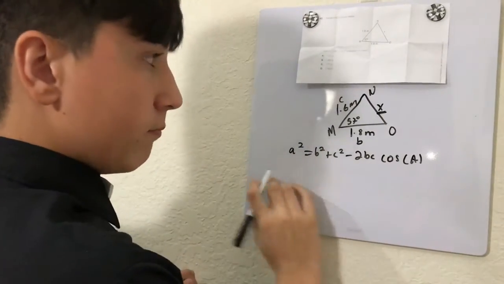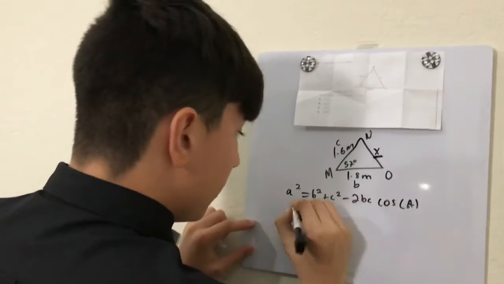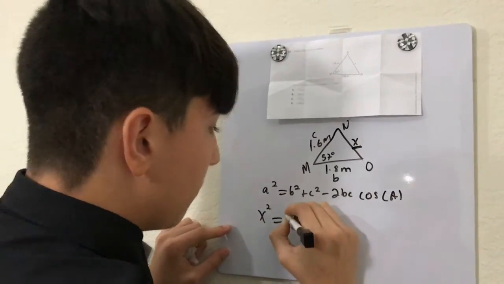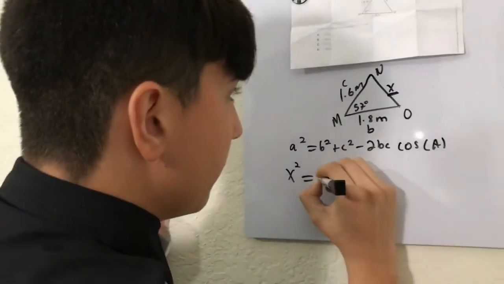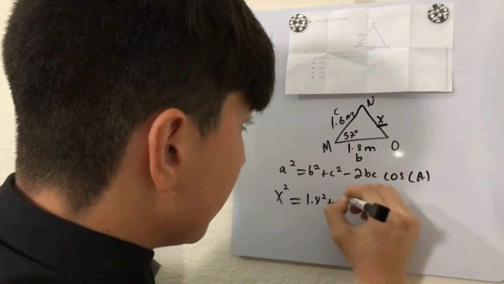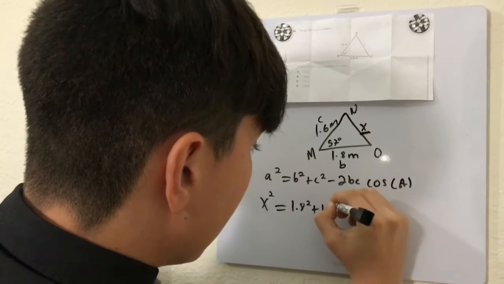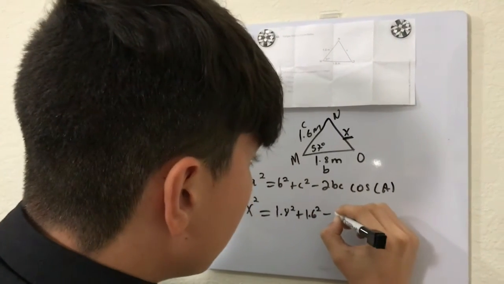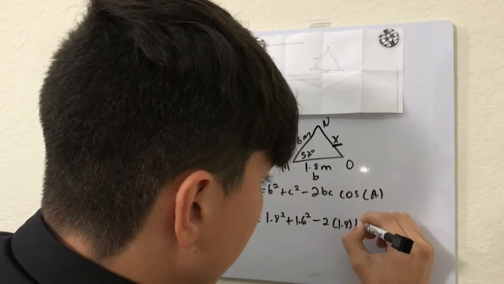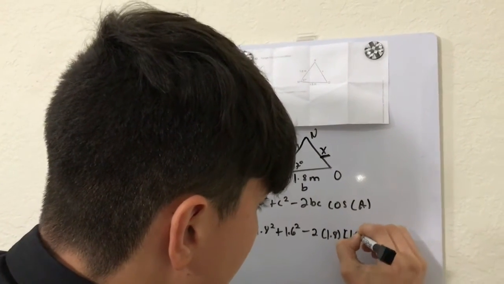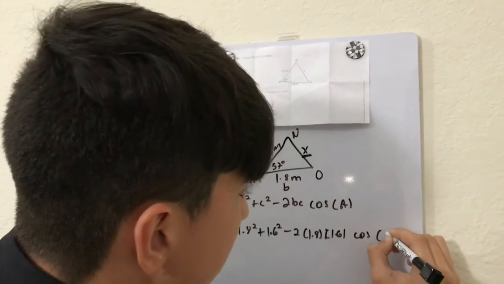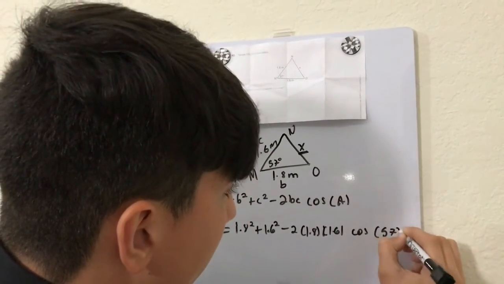If we substitute everything into the equation, we're solving for x squared equals b squared, which would now be 1.8 squared, plus c squared, which would be 1.6 squared, minus 2 times 1.8 times 1.6 times the cosine of 57.